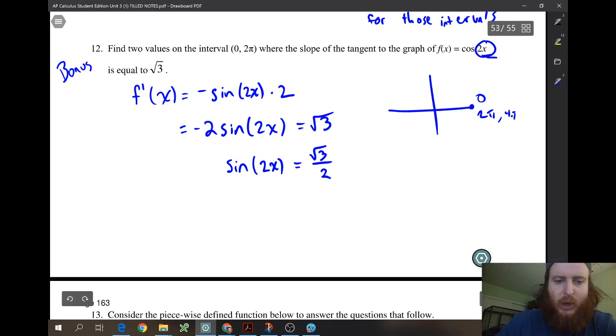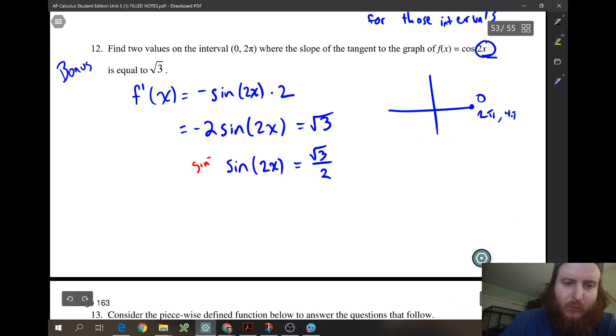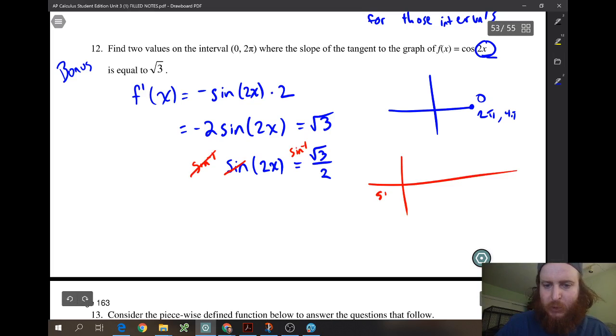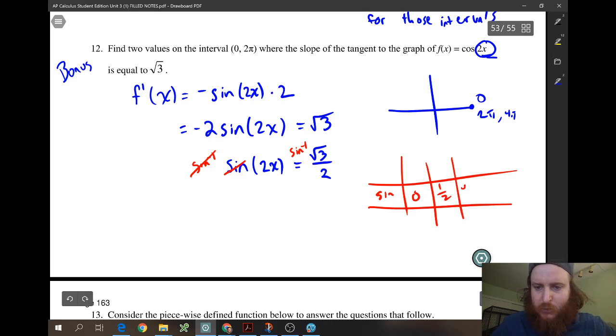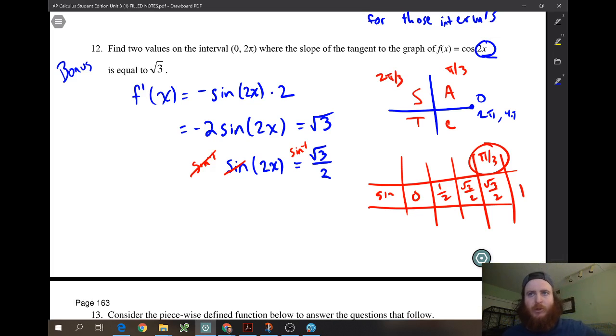So what we want to think about is, if we did inverse sine, where on the table for inverse sine does sine give square root of 3 over 2? On that table, sine was 0, 1/2, square root of 2 over 2, square root of 3 over 2, and 1. And this was at pi over 3, so it's in the pi over 3 slot. It happened at pi over 3 and 1 less than 2 pi over 3, so those were the two spots.